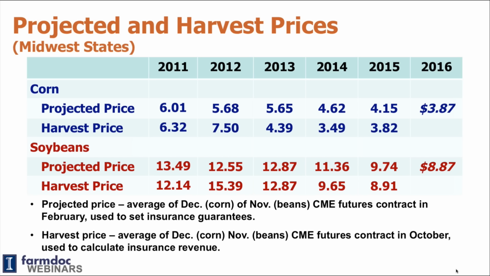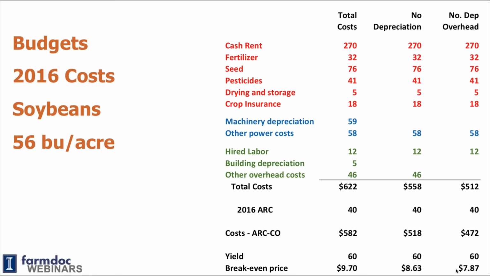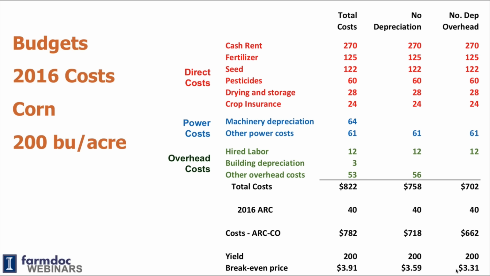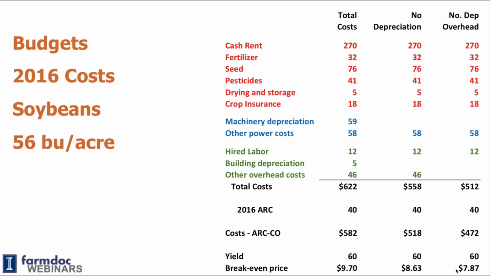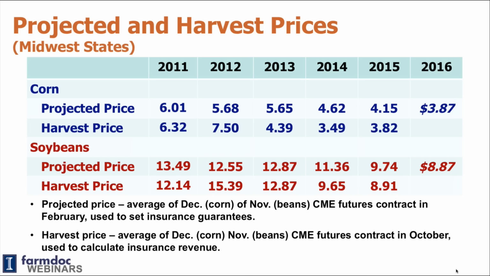And again, just coming back here, we're looking at break-evens of $3-something in the corn, $360 to $390 for corn, $880 for soybeans. Here, if we were setting the projected price today on crop insurance for Midwest crops, so this is for Illinois corn and soybeans and most of the Midwest states, those projected prices are based on the February contract settlement prices.